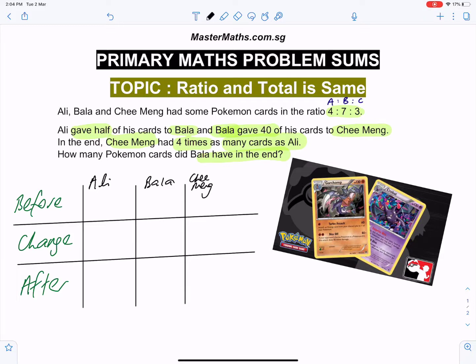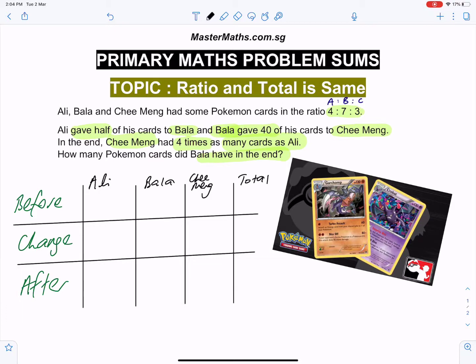Friends, I want you to also realize that in all the changes that they do, their total quantity will remain the same. So it'll be helpful to write a total column, in case the question needs it from us.